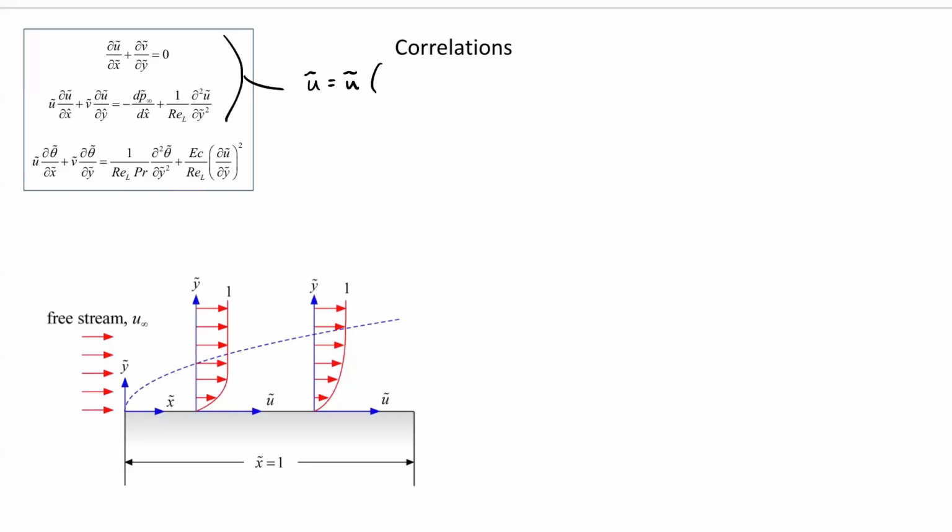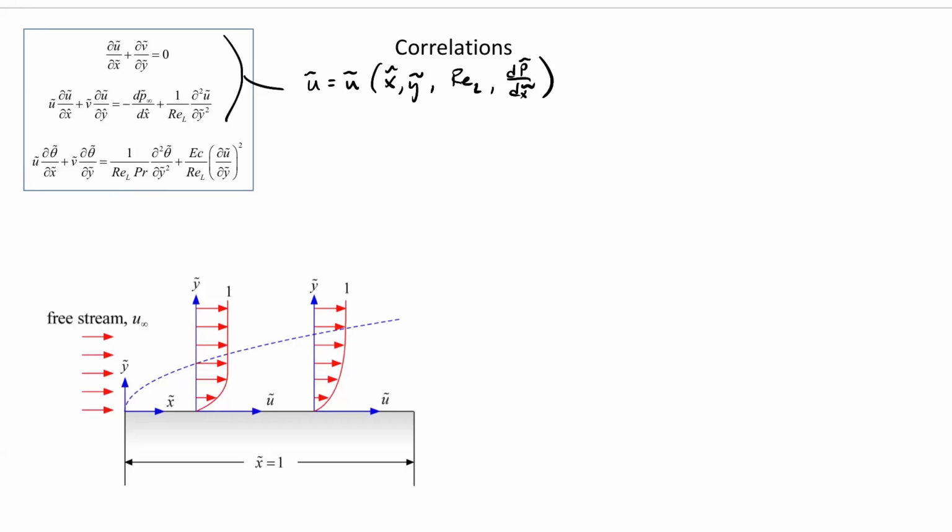So u is going to have to be a function of what else appears in the equation? We see that there's an x in there, so it's going to be a function of x. It's going to be a function of y in those two equations. We see that there's this Reynolds number, so Re is going to be in there. And we also have dp infinity dx. So we could write our u velocity in terms of a function that is dependent on these things.